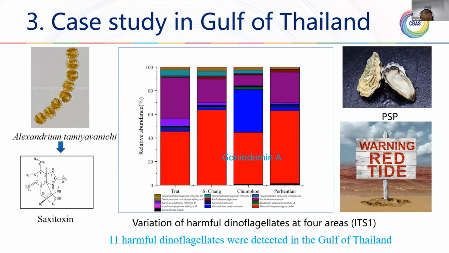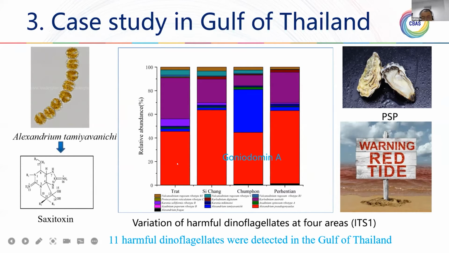These include Alexandrium tamiyavanichii, the previously known toxic species in the Gulf of Thailand; Alexandrium fragae, which is a PSP-producing species and has never been reported in the South China Sea; Alexandrium pseudogonyaulax, Azadinium poporum, and many other species. Most of them have never been reported in the Gulf of Thailand, or even in the South China Sea.